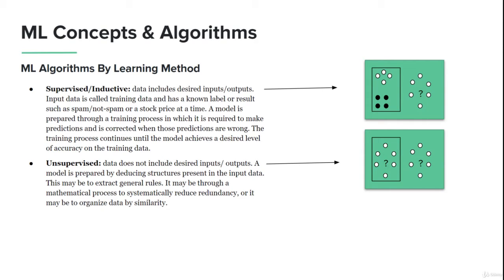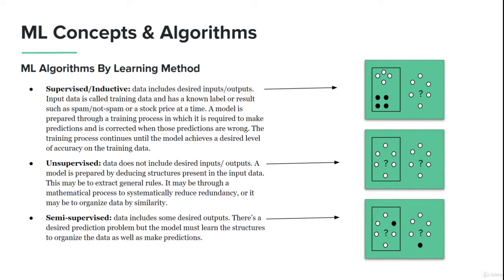A model is prepared by deducing structures present in the input data. This may be to extract general rules, maybe through a mathematical process to systematically reduce redundancy, or maybe to organize data by similarity. So that's supervised and unsupervised, and then the semi-supervised.